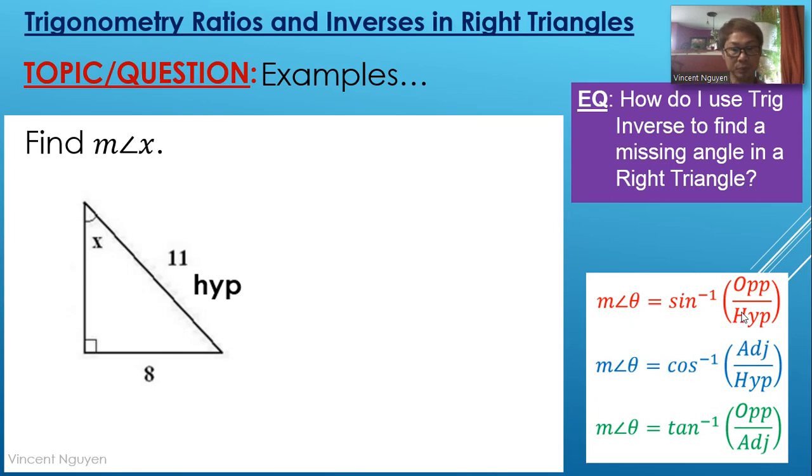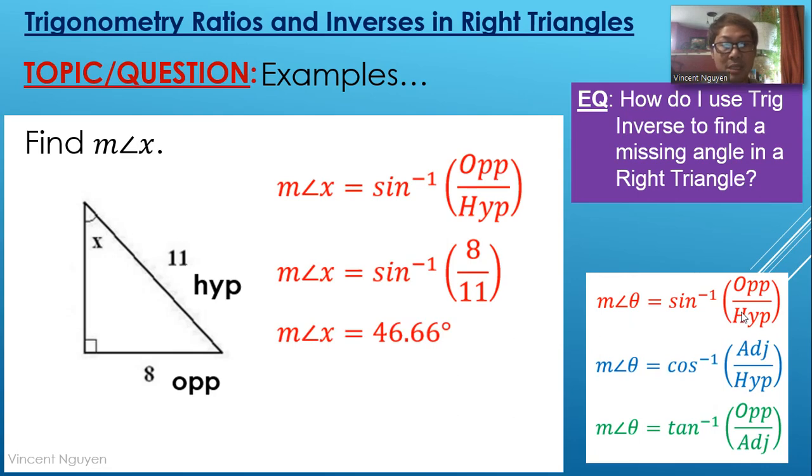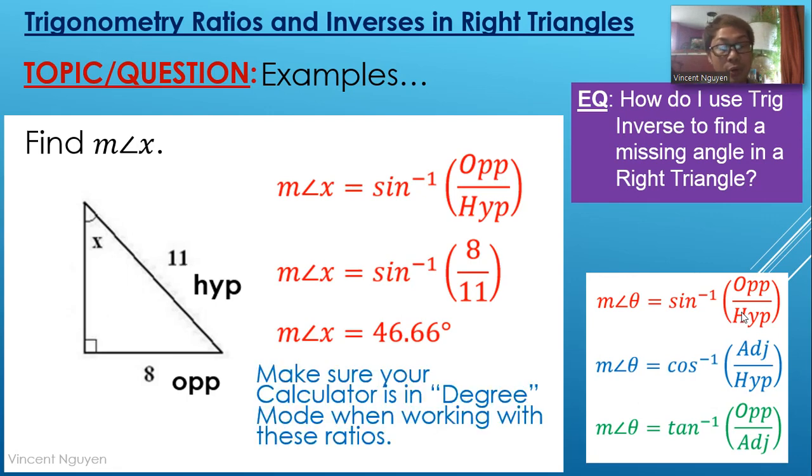So here's the hypotenuse, here's the opposite side. You set up your sine inverse function for the measure of angle x, and then you substitute the opposite, which is 8, and then the hypotenuse, which is 11. You type all of this into your calculator, you'll get 46.66 degrees, which you could round to 47 degrees if you want to. Now, make sure your calculator is still in degree mode when you're working with these ratios.